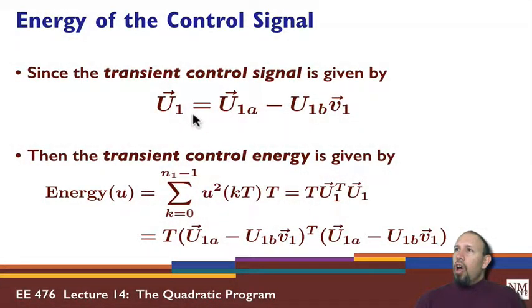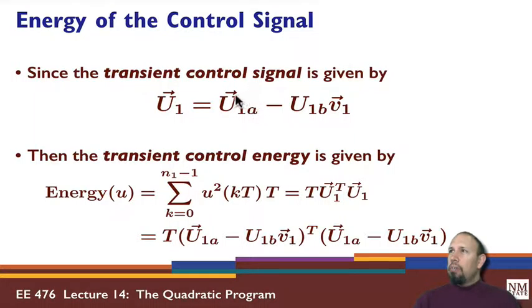So if we recall the vectorized form of our transient control signal: remember, when you have a finite settling signal, you have the transient portion and then the steady state portion. The steady state portion is the part where it's just constant after that time.